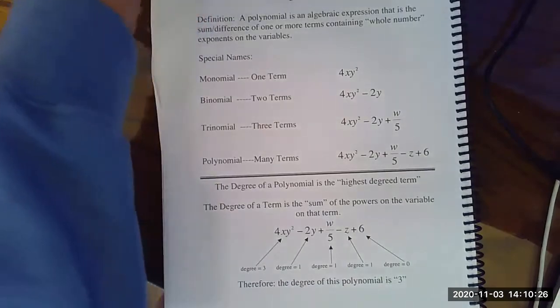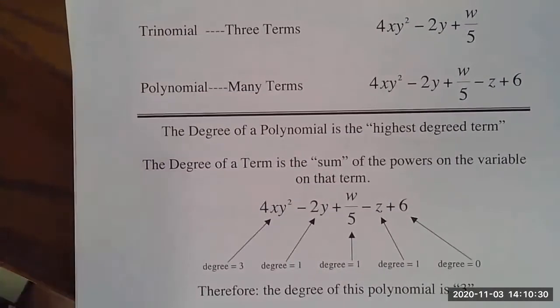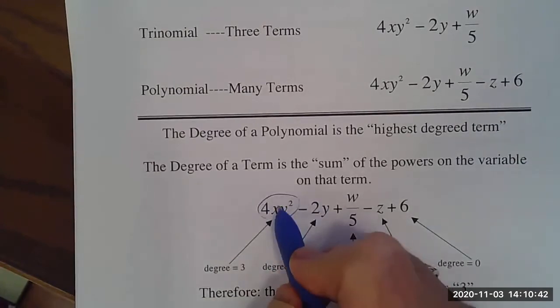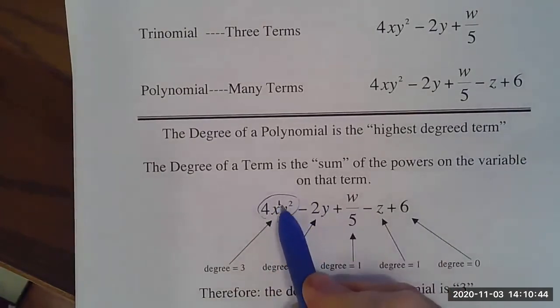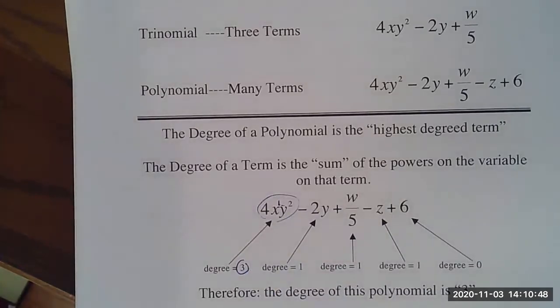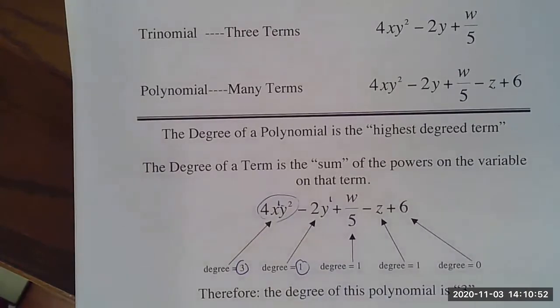Then there's something called the degree of each term, or the degree of a polynomial. The degree of a term is summing or adding up the powers on the variables in each term. So for instance, here's the first term right here. There's a power of 1. So 1 and 2 make 3. The power on the y is 1, so that's why the degree is 1, because there's only a 1.